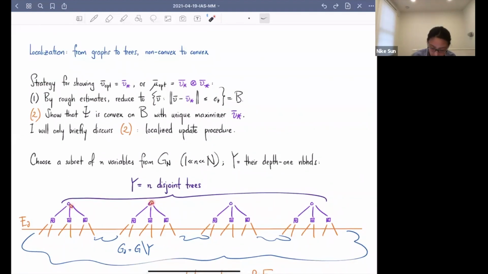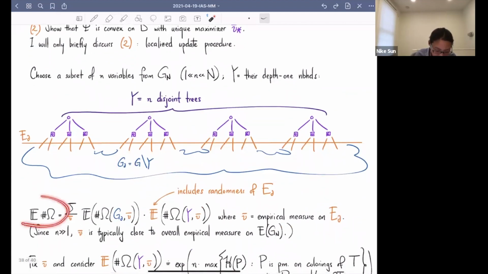These are the variables which are the roots at the top here, and take y to be their depth 1 neighborhood. So y are these trees, which are in purple. And then consider these edges, which are distance 1 away from the variables that you chose, and consider just cutting these edges. And so they separate from the rest of the graph, and call this G delta.